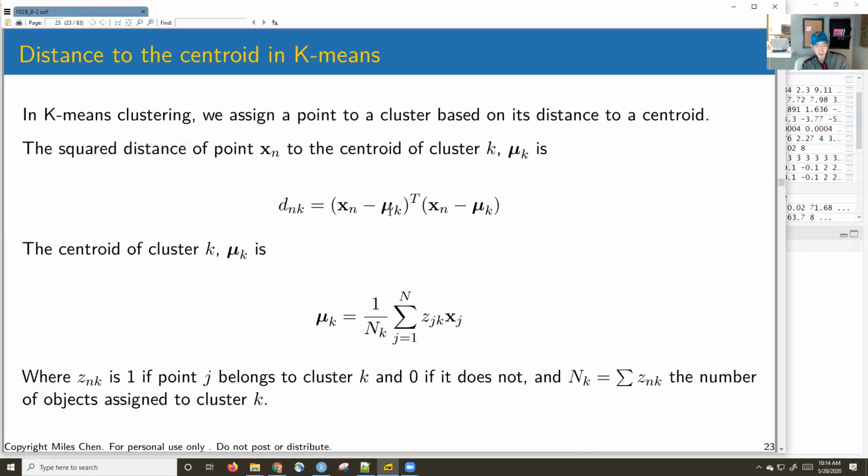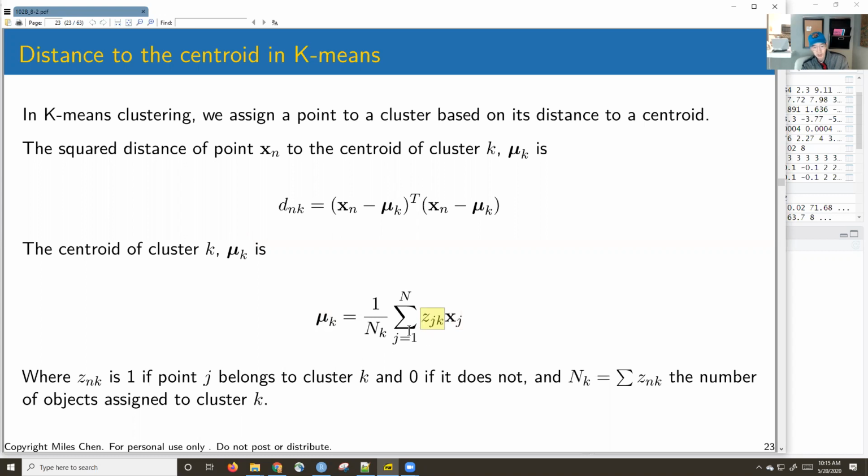Now how do we express the centroid of cluster k? The centroid of cluster k is going to be the sum of all the x's that belong to k. So this is going to be from j equals 1 to n. We're going to take each x sub j and multiply it by the z value.